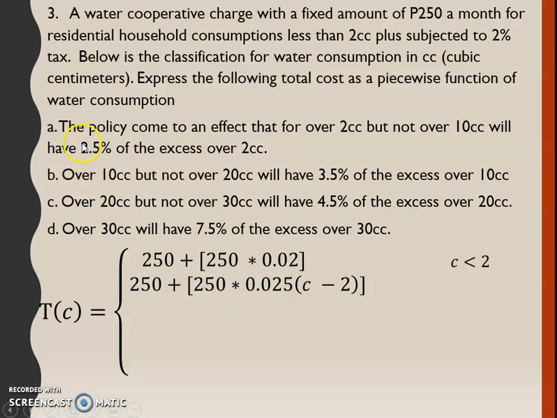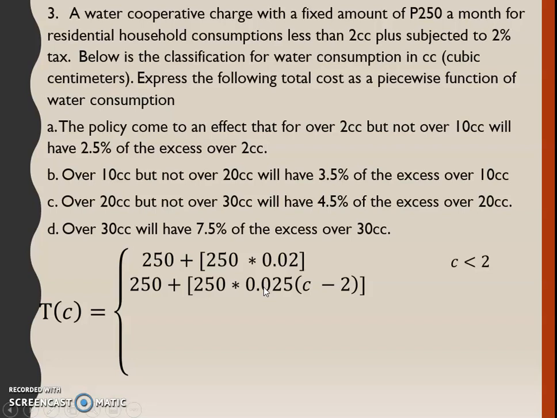Over 2 cc but not over 10 cc. So 250 pesos plus the principal rate, which is 250 times the 2.5%, whatever the excess of 2 cc.